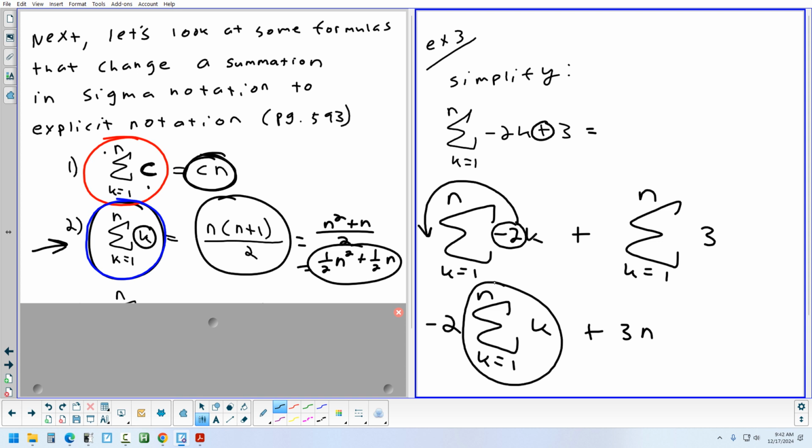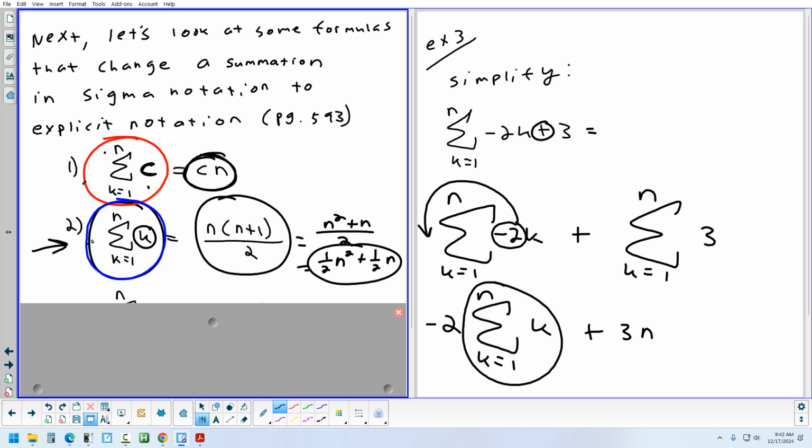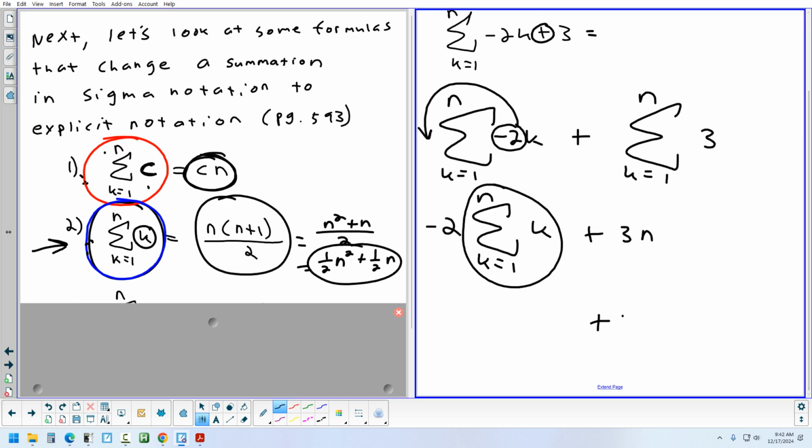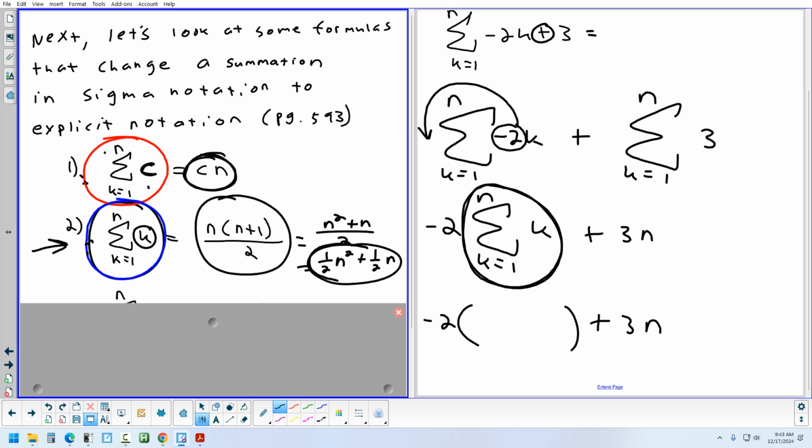So that's the goal, to try to take the sigma that they give you, break it apart, and make what you have always match one of these two. And once you do that, then you're going to substitute in. All right, so the +3n, we're just going to keep that there. -2, we're going to keep that. And now what I have circled right here, replace that with that.